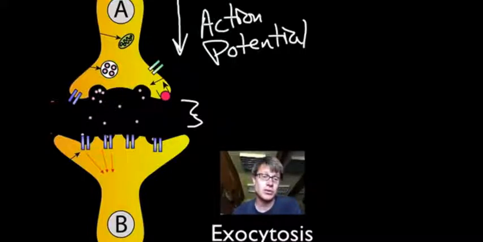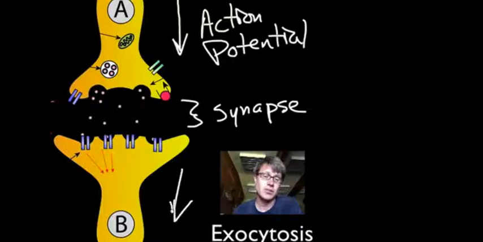Neurotransmitters are molecules that move across that synapse to the other side, and then they start an action potential on the other side, so that nerve signal can keep moving in this direction. But to do that, we have to release a lot of neurotransmitters, and that process is called exocytosis, or the release of large amounts of material. Those will go across and open up these gated channels on the other side. And since we're moving a lot of material, that's called exocytosis.